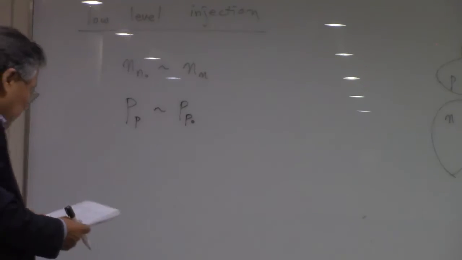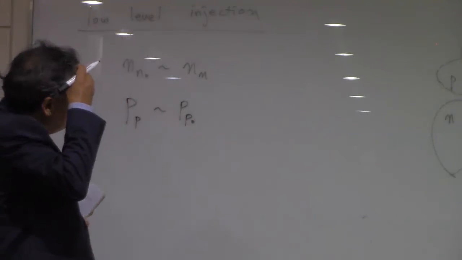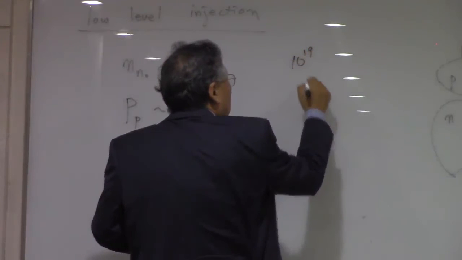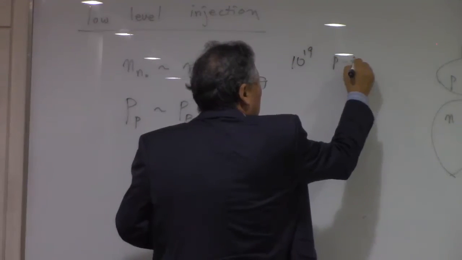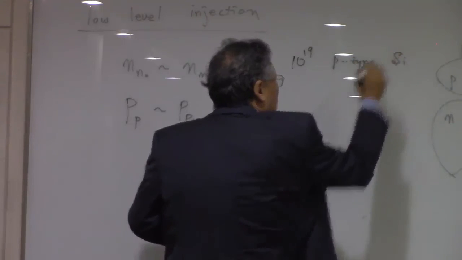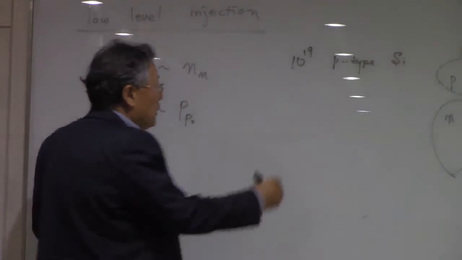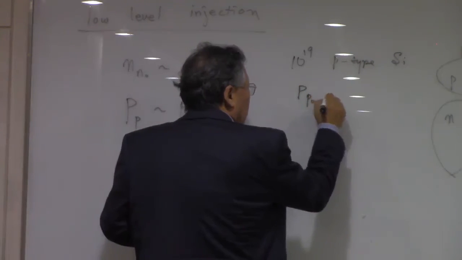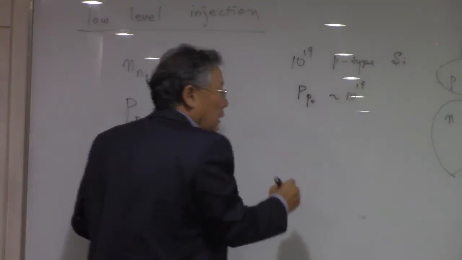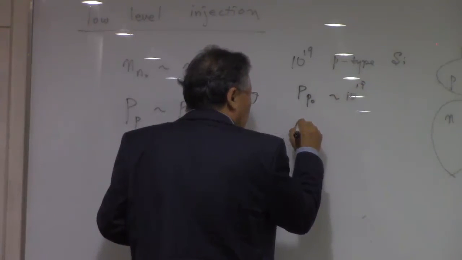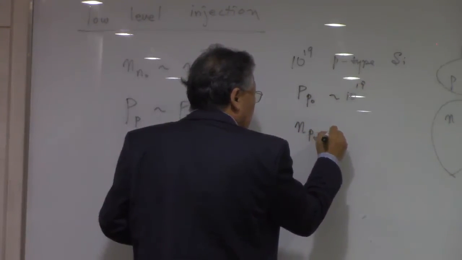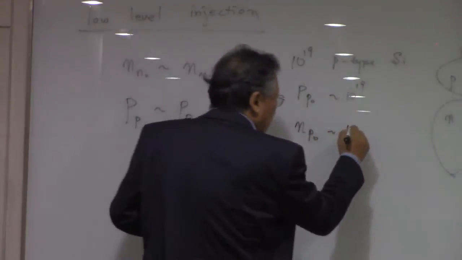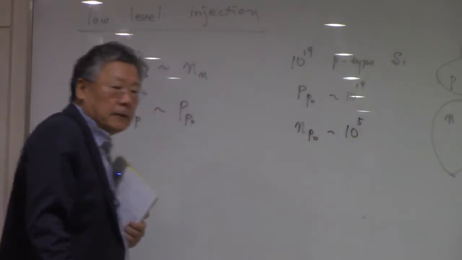Let me give an example. If you have a 10 to the 19 p-type silicon semiconductor, we just saw that in this case p naught is 10 to the 19th, of course, and electrons in this equilibrium p-type semiconductor are only 10 to the 5, something like this.